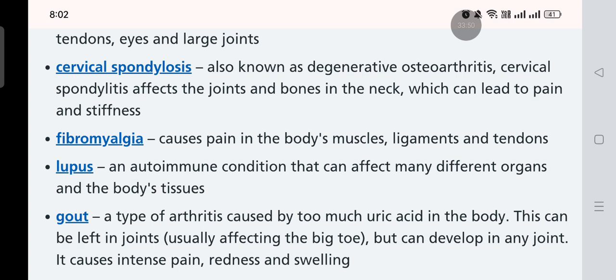Fibromyalgia causes pain in the body's muscles, ligaments, and tendons. Lupus, an autoimmune condition that can affect many different organs and the body's tissues.